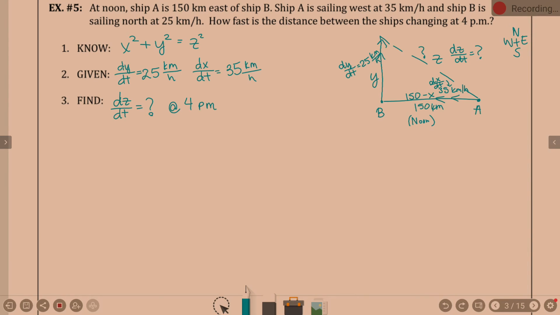My brain automatically said x squared. What are we really using to represent the length of that side, though? The 150 minus x. Okay, so we know Pythagorean theorem relates them. It's going to be the 150 minus x quantity squared plus y squared equals z squared.